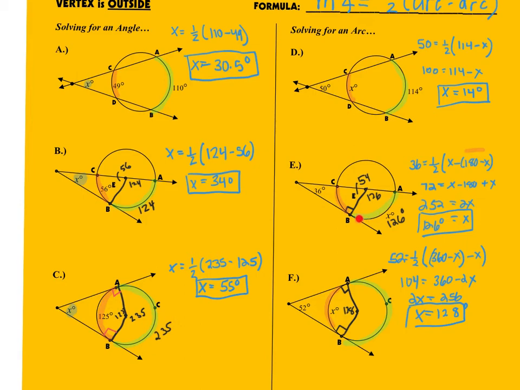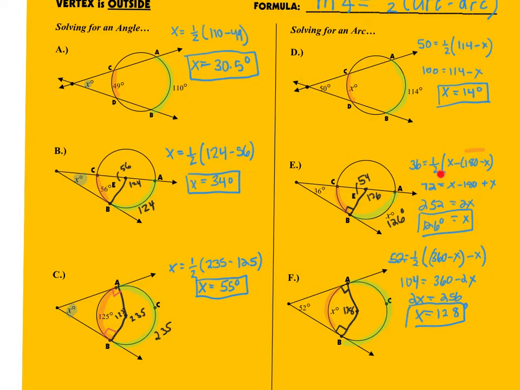This is my unknown. I know that this whole thing here is 180. And if this part is x, this part would have to be 180 minus x. And so I say that the angle is equal to 1/2 the difference of the arcs. This arc is x. This arc is 180 minus x. Once again, because together they form a 180-degree semicircle.